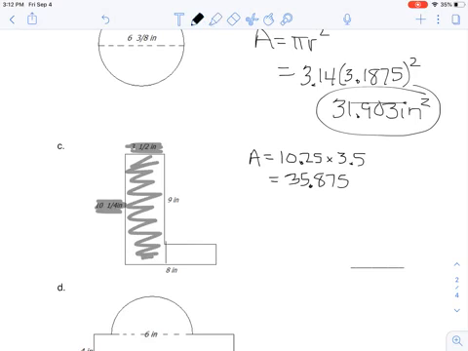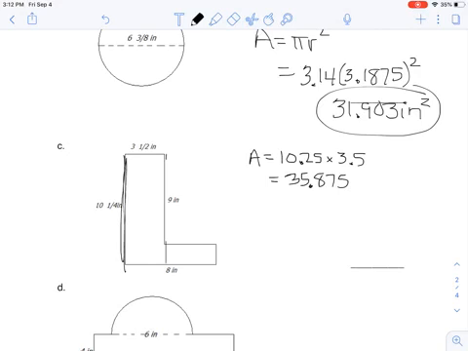Okay, I need to do a little bit of calculating to get some measurements for the right hand piece. I know that it's 10 1/4 inches tall, but I know that this is 9 inches, so I should be able to find that little extra piece just by subtracting those 2.